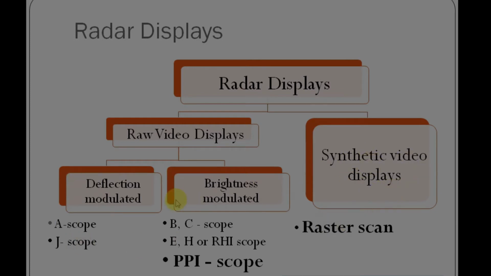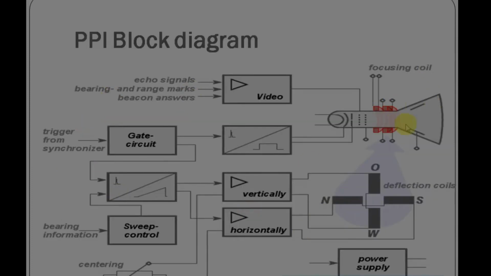But apart from this, we just quickly see the block diagram of the radar display. Basically, the echo signal comes directly to the video amplifier side. At the same time, range or bearing data also comes.